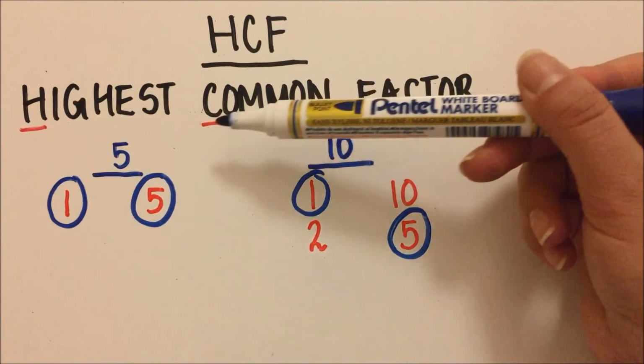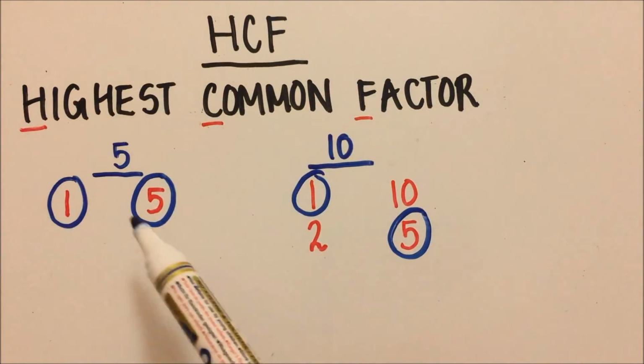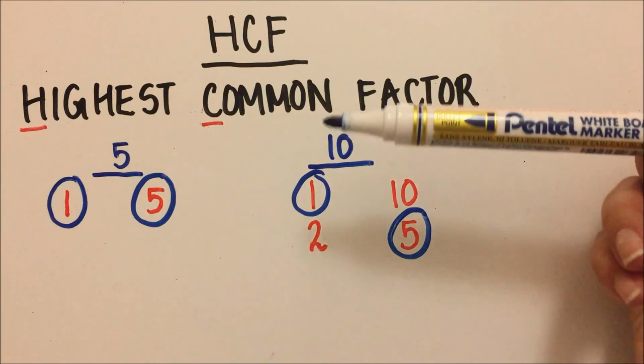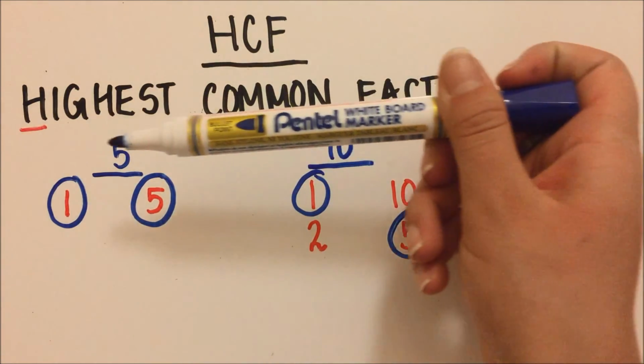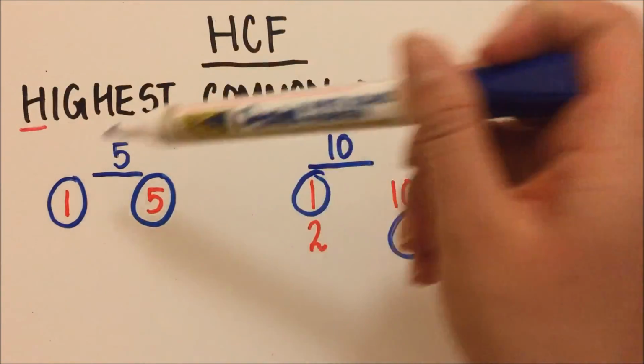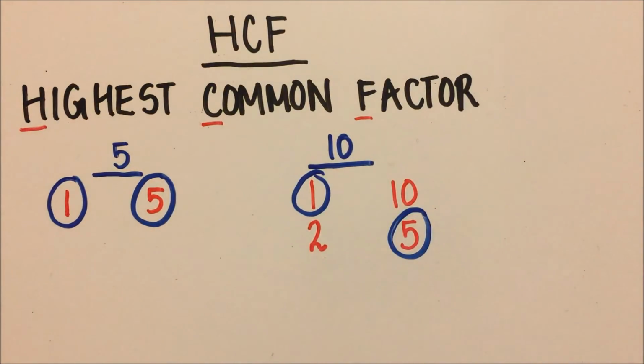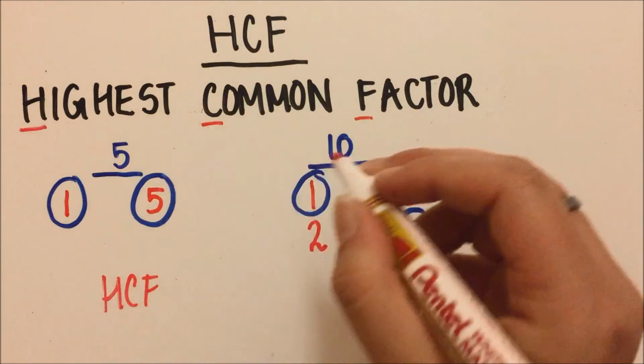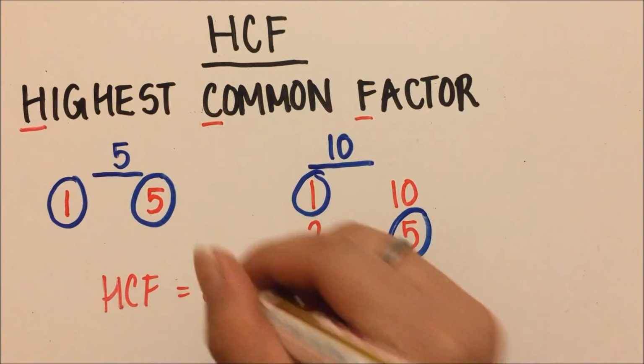We've circled all the common ones. Common ones are 1 and 5 because they're in both the lists. And then we said, okay, the highest one is 5. Therefore, the HCF of 5 and 10 is 5.